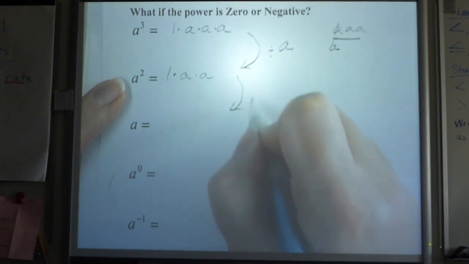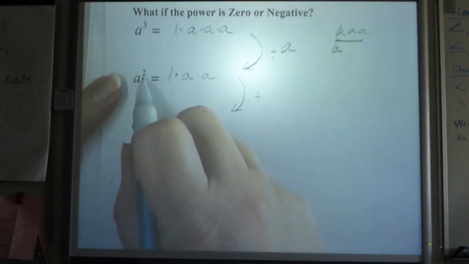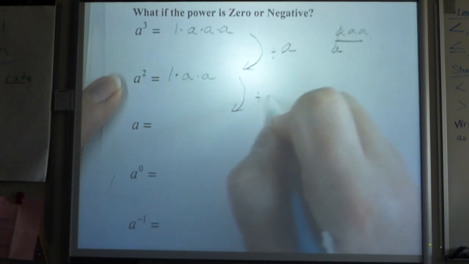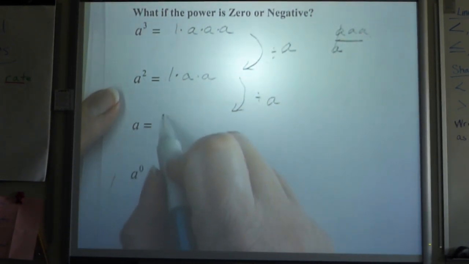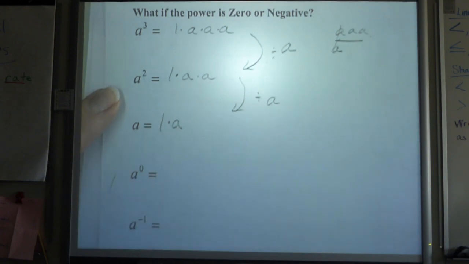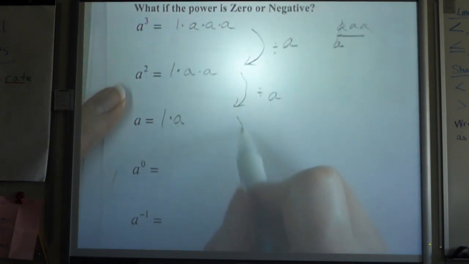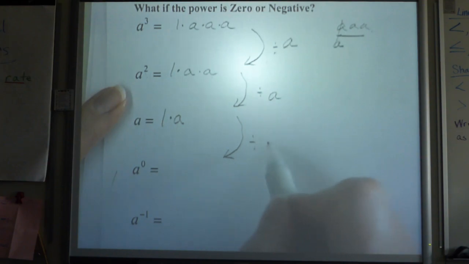So again, we divide by A. Each time we decrease the power by 1, we're having 1 less factor of A. Okay, so what is just A? It's 1 times A. If we divide by A again, what do we have? 1.